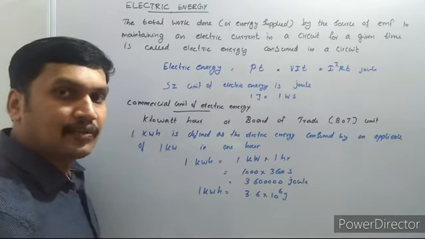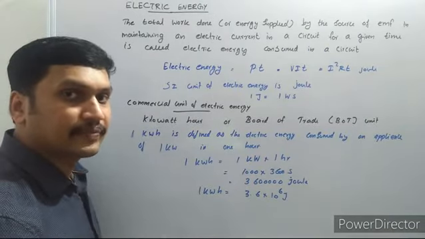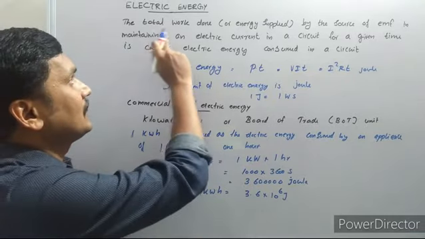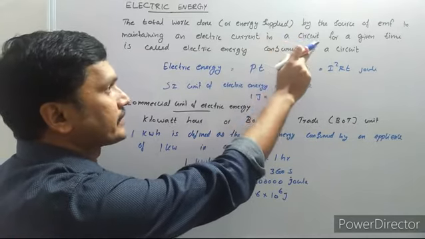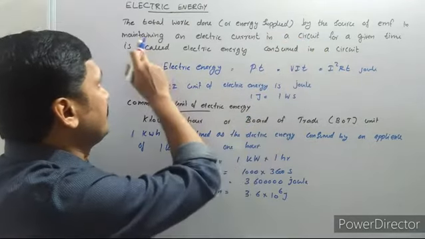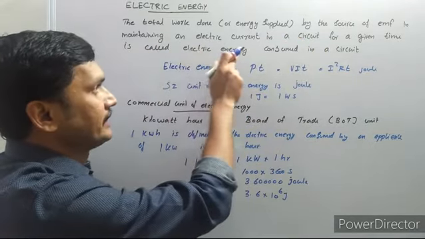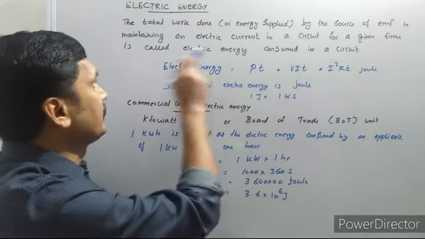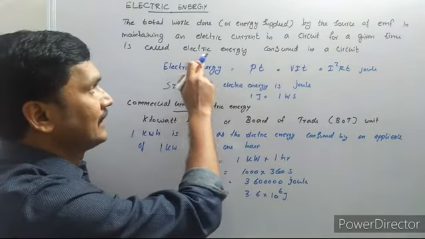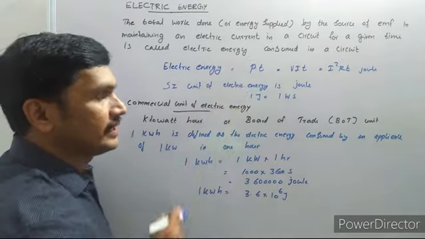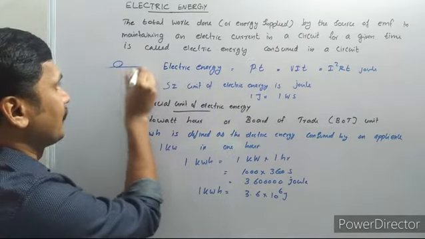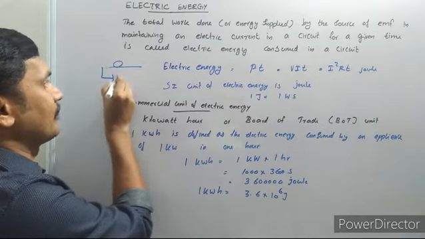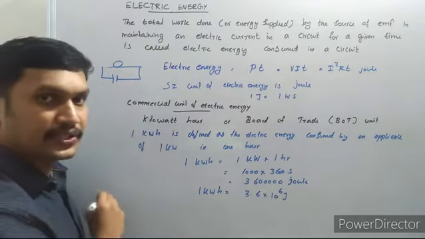Now let us see what electric energy is. The total work done or energy supplied by the source of EMF in maintaining an electric current in a circuit for a given time is called electric energy consumed in an electric circuit. Suppose we have an electric appliance, a bulb or any appliance, connected to a circuit.